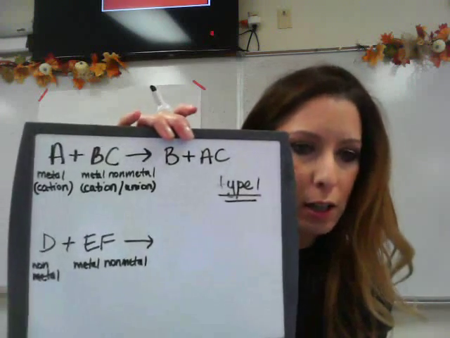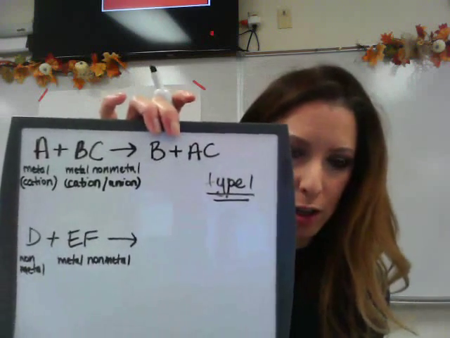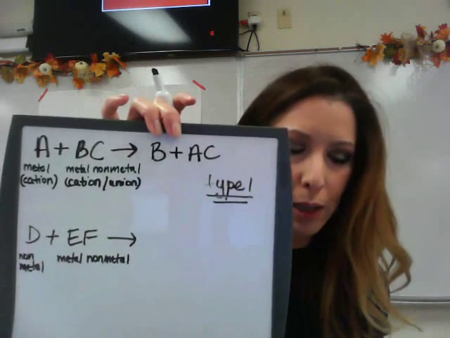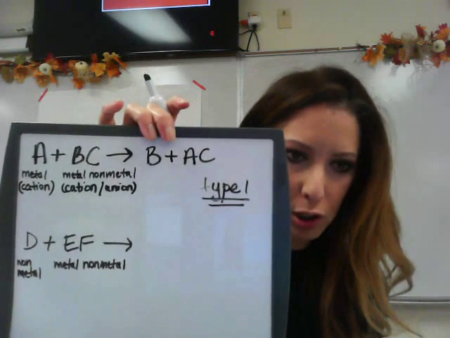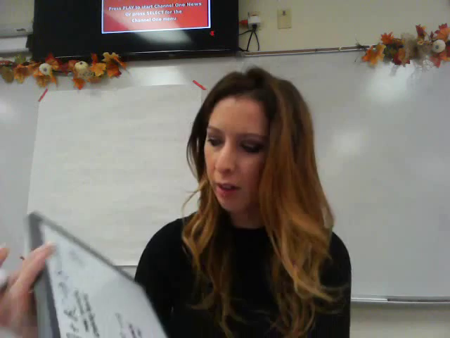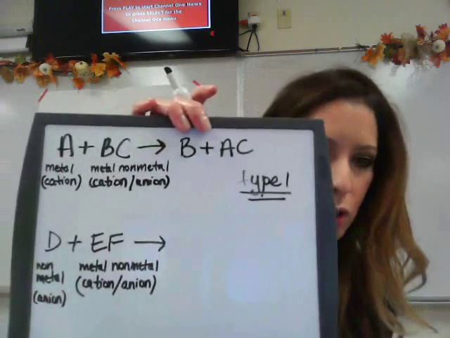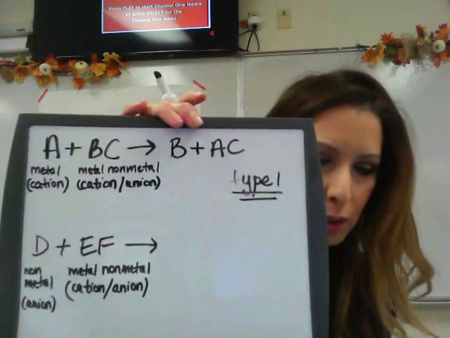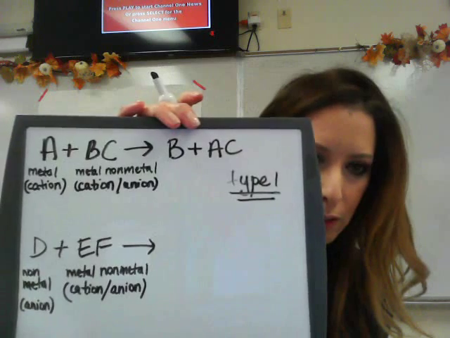Now remember, nonmetals tend to gain electrons, therefore they form anions, which are negative charges. So I'm going to write anion underneath this non-metal D, cation underneath E, and anion underneath F. Okay? So D and F would be the ones that trade places.